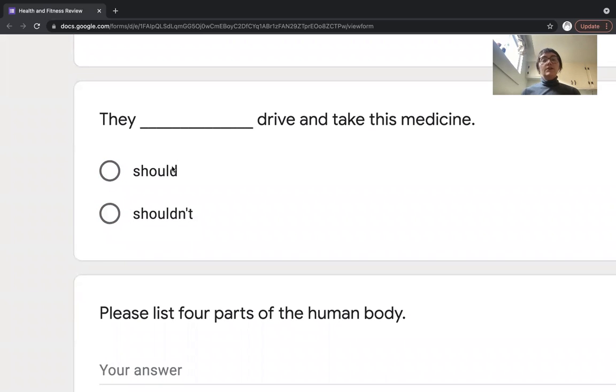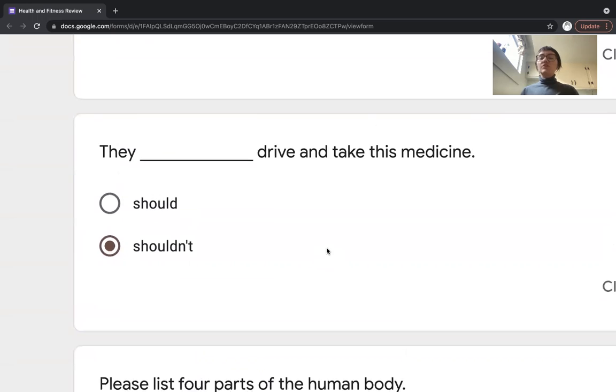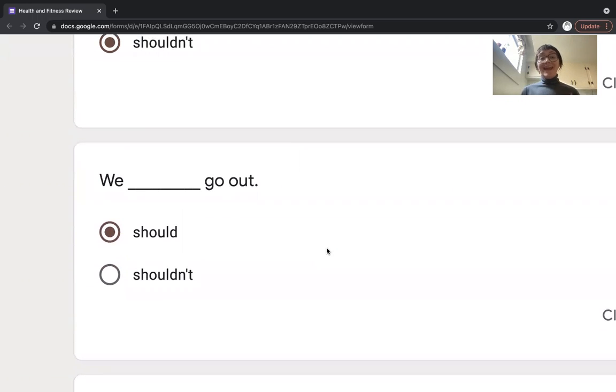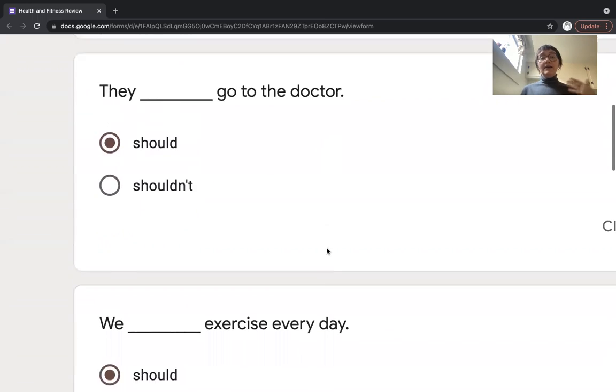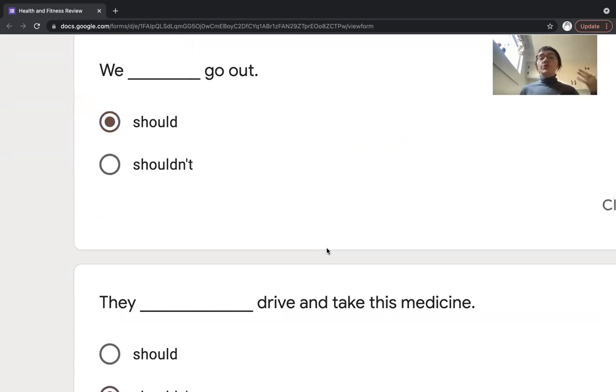They should or shouldn't drive and take this medicine. So usually medicine, if you're taking it and it talks about driving, it's saying you shouldn't drive. So they shouldn't drive and take this medicine. So you'll notice that the different pronouns, they, we, I, he or she, all of them use should or shouldn't.